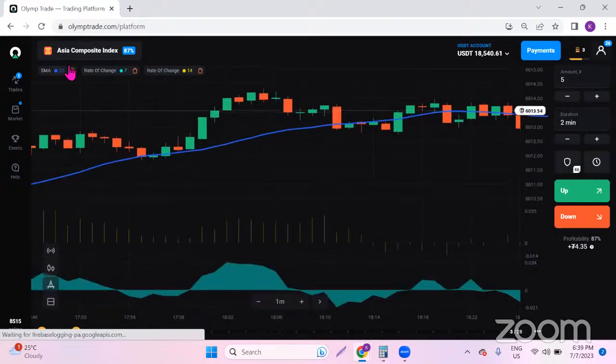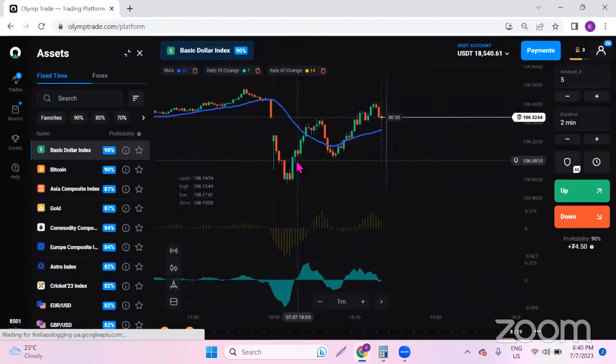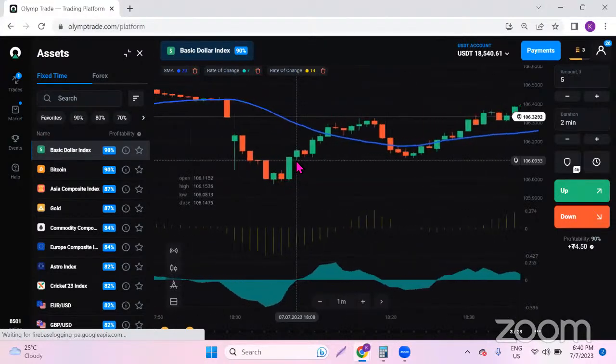Now, if we check some other assets, for example over here, the candle started rising above the SMA 20, the histogram went up, and the ROC 14 went up. So here was a clear indication of opening a 2, 3 or 4 minute upward trade. In the same way, if we check different assets, we can see some classic examples.